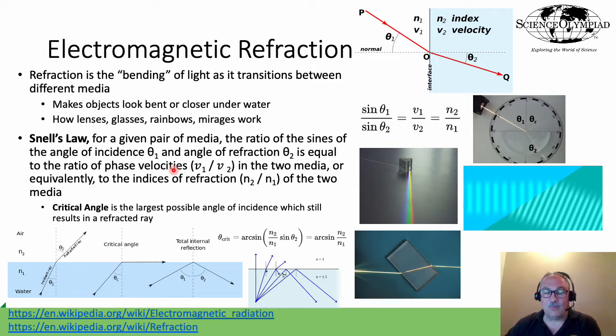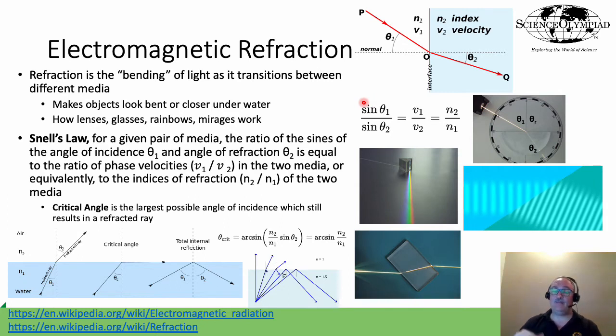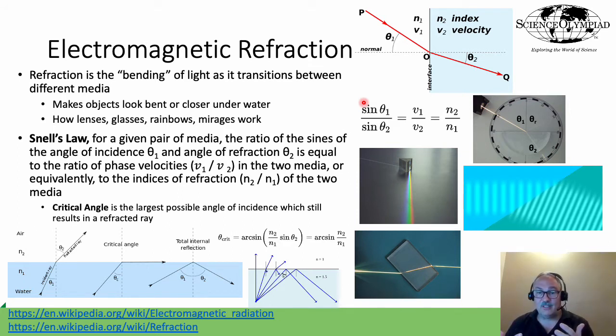That's inversely equal to the ratio of the indices of refraction. So this is all Snell's law. Whenever you have two media and light going through, this is how you can figure out the differences in the velocities, and also the differences in the angles.